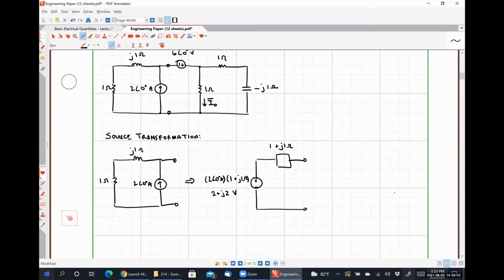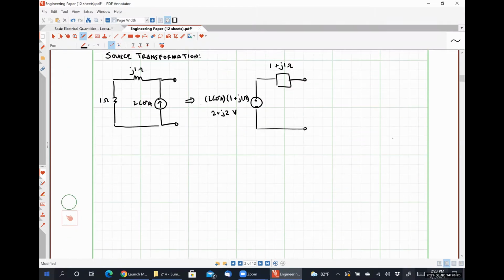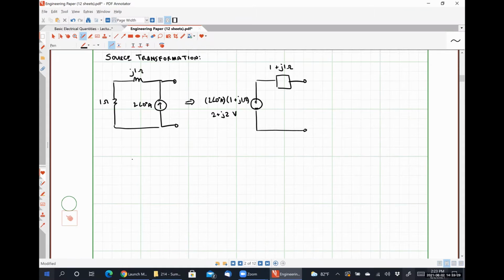So I'm going to redraw my circuit now that I know how the source transformation bit is going to work out. And so I'm going to have, make sure I give myself enough room, 2 plus J2 volts in series with my 1 plus J1 ohm impedance, in series with my 6 angle 0 degrees volt source.